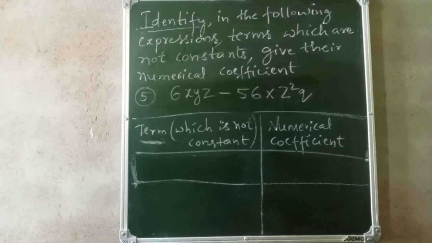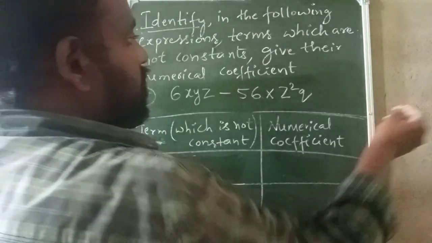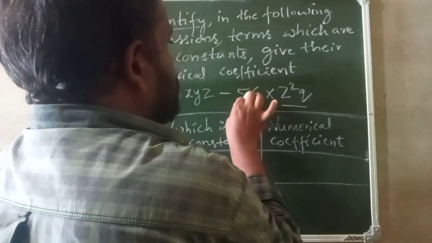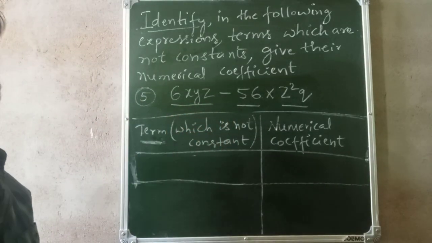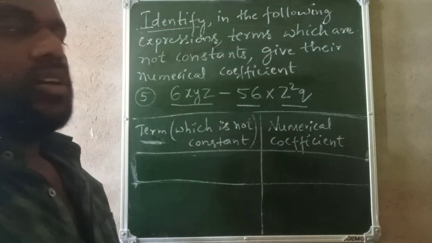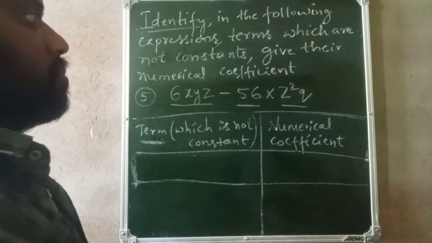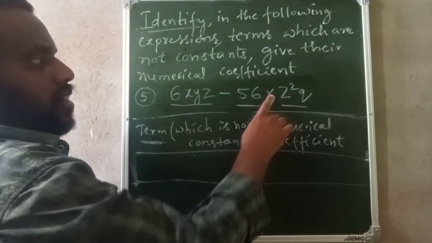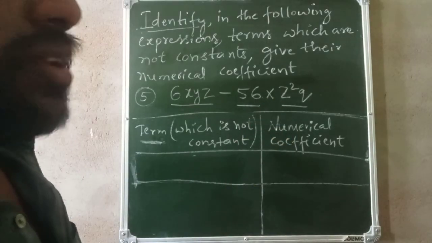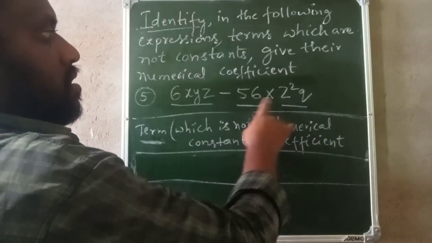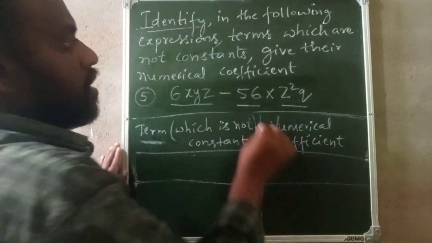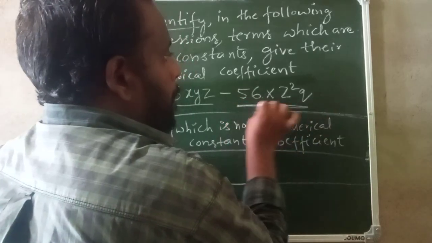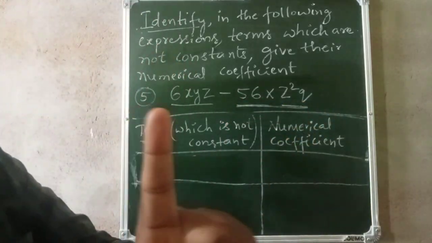But here some students may confuse: this is one term, this is another term, so there are three terms. That is not right because here into is there. If plus is there, then plus separates this and this as two terms. But because of into, this entire thing is one term.